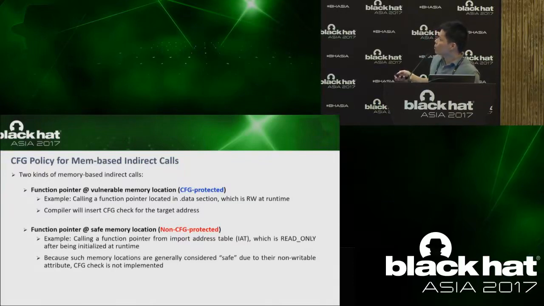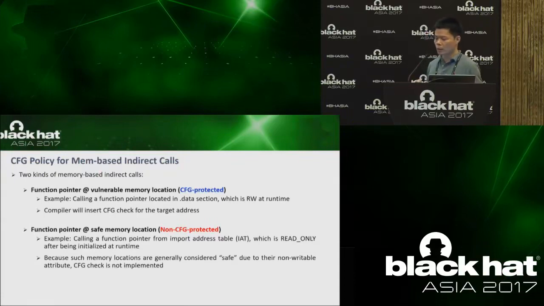Alternatively, the other kind of memory-based indirect call is that the function pointer is located at a safe memory location. Here, safe means not writable. So for example, by calling a function pointer from the import address table, which is located in the iData segment, which is read-only after being initialized at runtime.